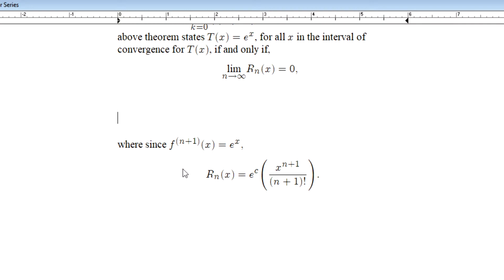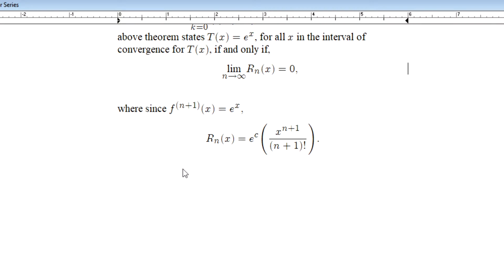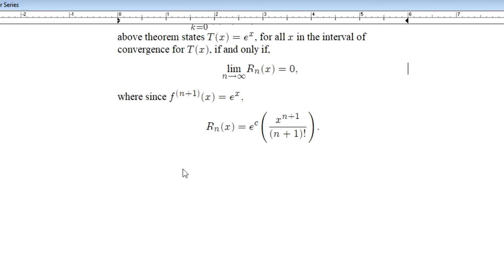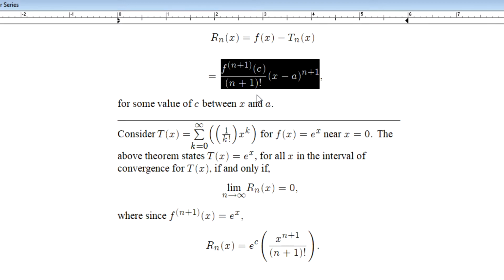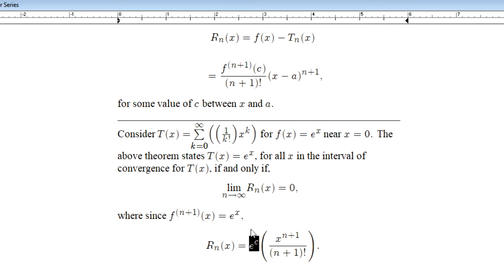Where, since f^(n+1) of x would be simply equal to e to the x in this case, since all derivatives of function f in this case will be equal to e to the x, we're able to then say that R sub n of x, this value given here back in our theorem, must be equal to f at c, so e to the x at c, which would be e to the c, times (x minus a) raised to the (n+1) power divided by (n+1) factorial, which I've brought here into its own factor.